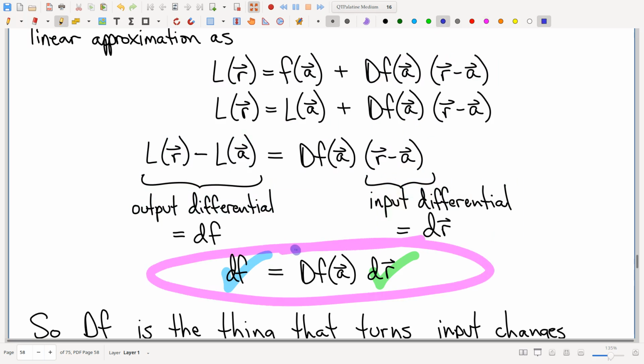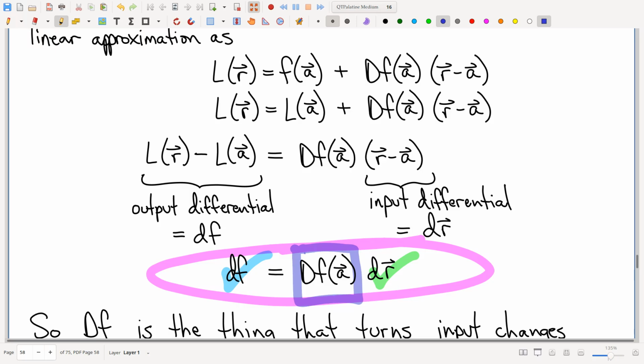And said differently, this matrix, df, is the thing that gives a relationship between input differentials and output differentials. This is the thing that relates input changes to output changes. Approximated, of course.